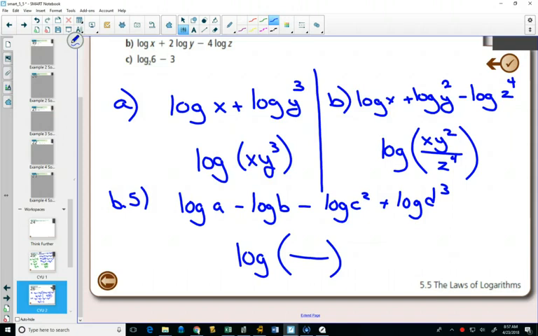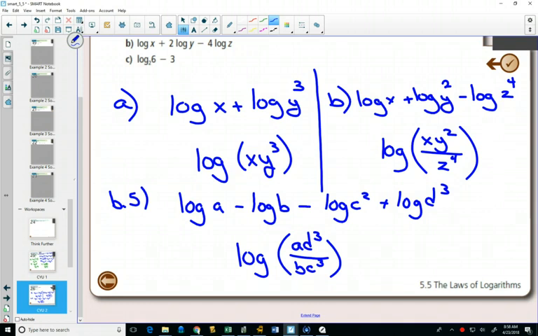That will get combined as your product rule, and that will appear in your numerator, a d cubed. And whatever is subtracted, in this case the log b and the log c squared, those will get combined in your denominator. And you'll be able to combine any sort of logs all together at once, which is really nice and really simple.